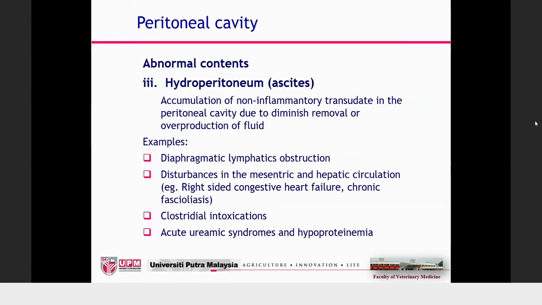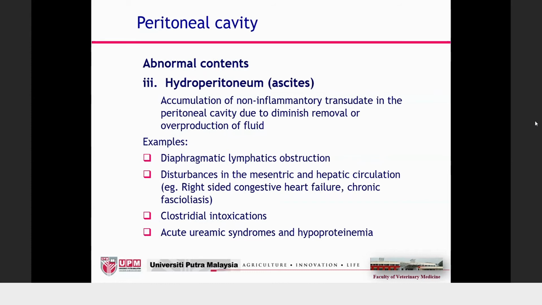The cause of hydroperitoneum can be diaphragmatic lymphatic obstruction, right-sided congestive heart failure, or occasionally chronic fasciolosis, partly because of disturbances in mesenteric and hepatic circulation. In right-sided congestive heart failure, this occurs partly because of increased blood pressure. Please remember that edema is a balance between blood pressure, blood osmotic pressure, tissue pressure, and tissue osmotic pressure.